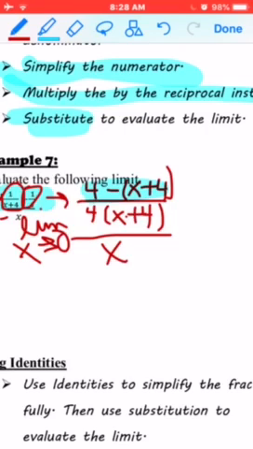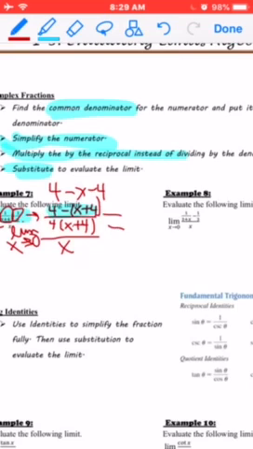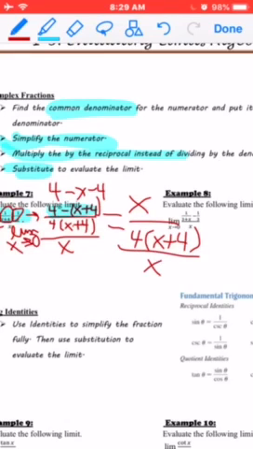So the negative times that group would make it negative x minus 4. All right, so you can see the 4's cancel, and on the top we just have x. Okay, so now we're at x over 4 times x plus 4 all over x. And we're still taking that limit as it goes to 0.